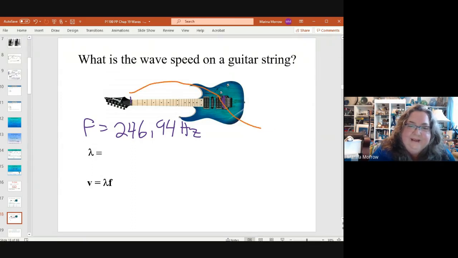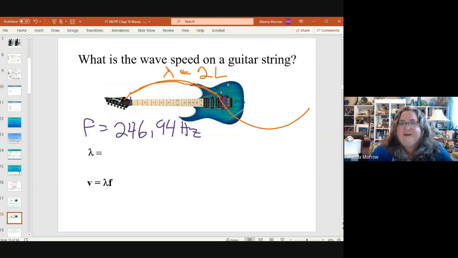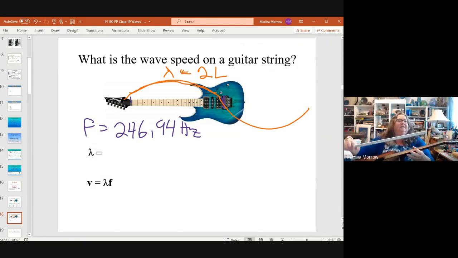But a full wavelength, you'd have to have an up and a down, right? So what happens is that the wavelength is actually 2 times the length of the string. So what we have to do is measure the length of the guitar string to figure out this problem. Okay, so measuring my guitar string. It's around 65 centimeters long.